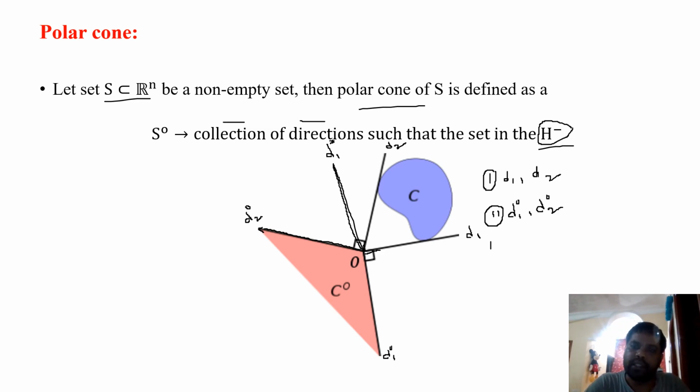Now, considering these extreme polar directions as extreme directions, construct a conic hull of these two new directions. That means alpha 1 times D1 naught plus alpha 2 times D2 naught.